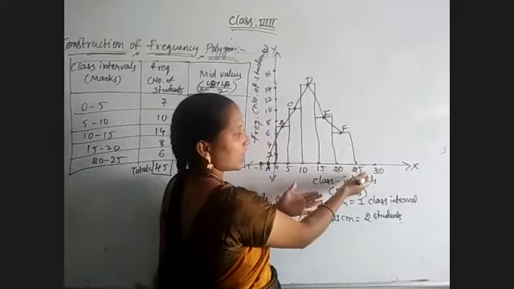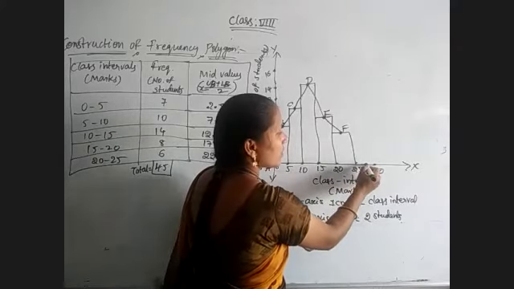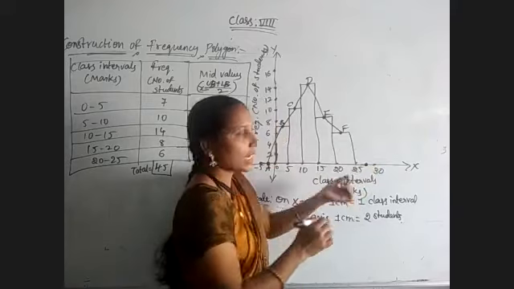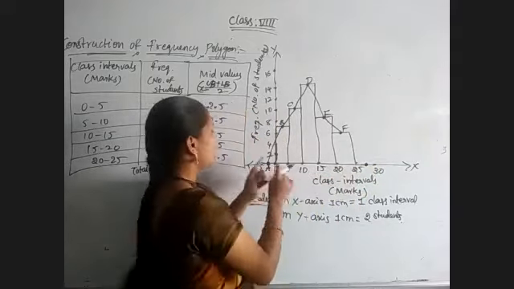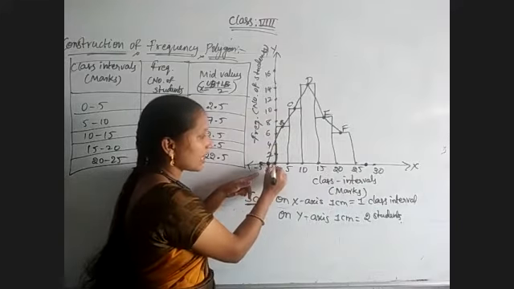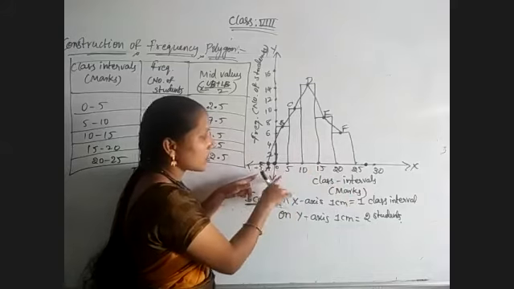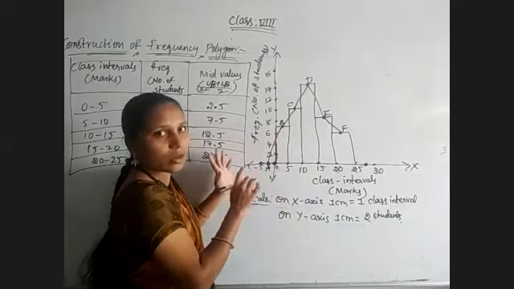The same thing with the succeeding class interval, that is 25 to 30. Its mid value also we will take and denote on the x-axis with frequency 0. Frequency 0 will be on the x-axis. So y value 0 is on the x-axis and x value 0 is on the y-axis.